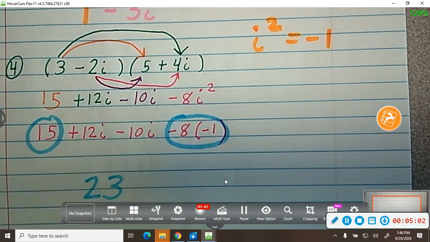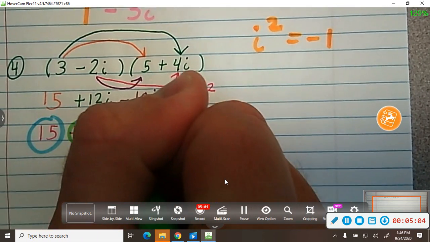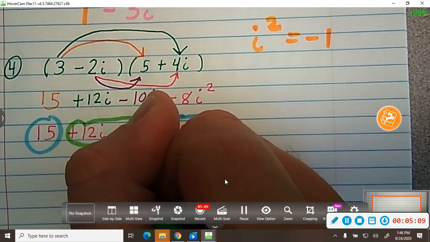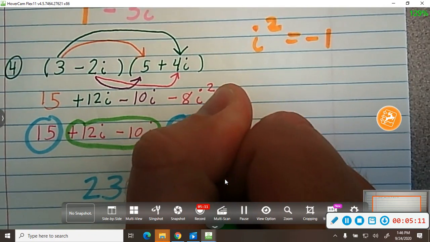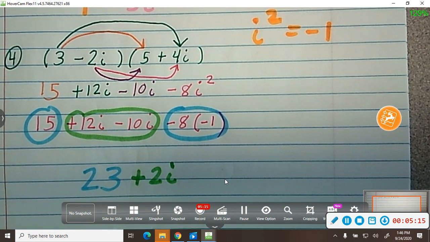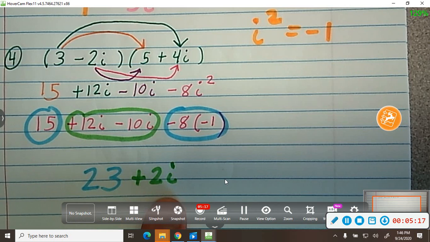And then the imaginary part, 12i's minus 10i's is 2i's. And standard form is to put the real part and then the imaginary. We call that complex.